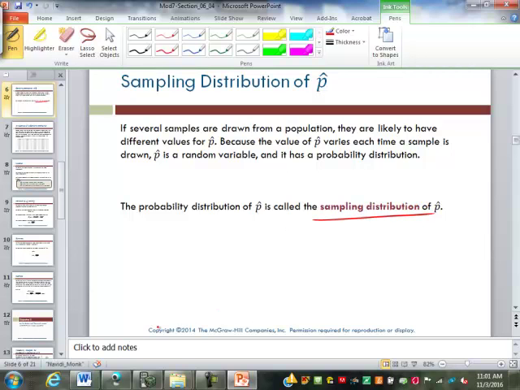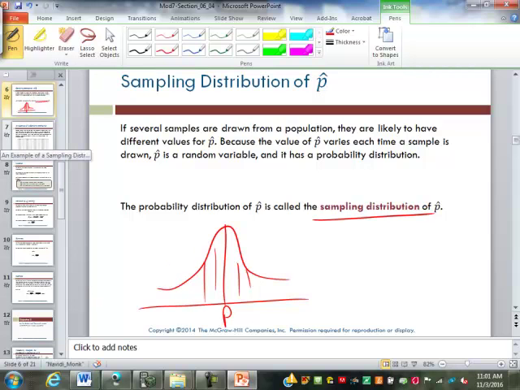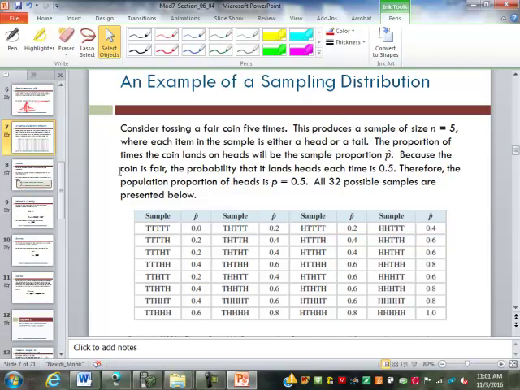And again, they're going to vary around the population proportion, which is going to be at the center. But the sample proportions should be closer to it than the individual values are, because individual values would be 0 or 1. But you know what I mean. They should be closer to it depending on how big the sample is.